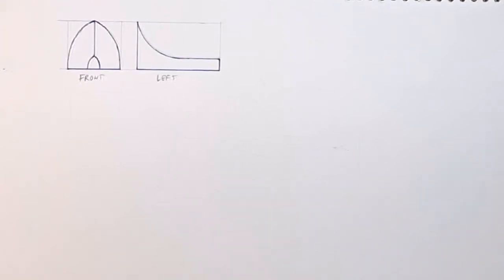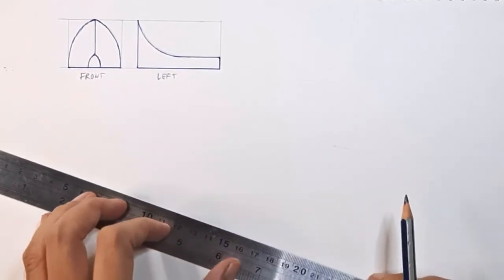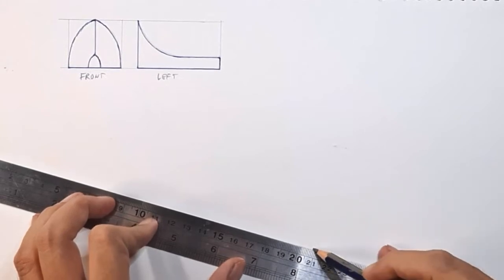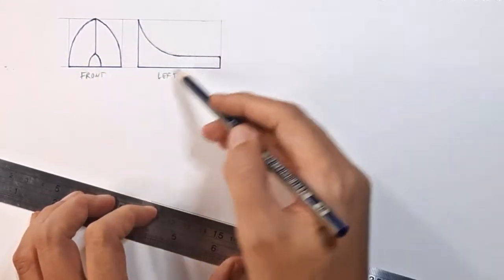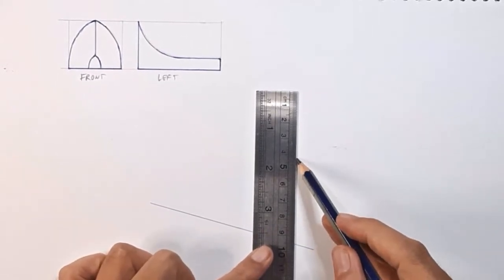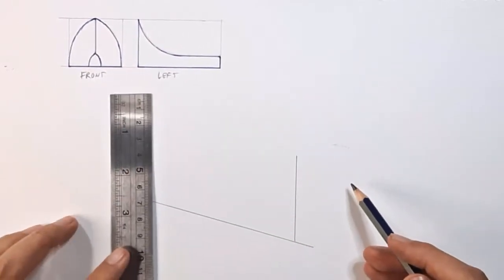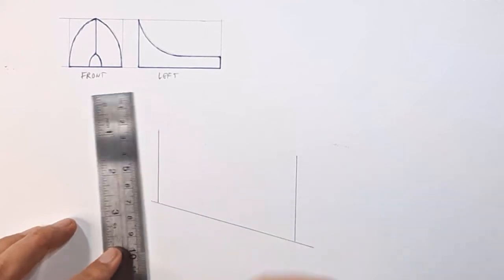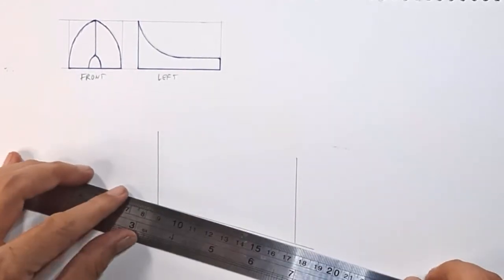So the first thing that I'm going to do, as what we've always done, is to set up that cube. And I want to make sure that the cube more or less matches the proportions of this. So I'm going to make the axonometric cube.